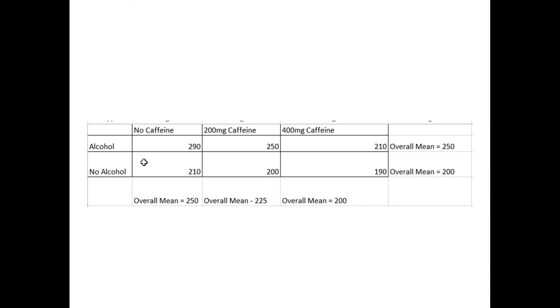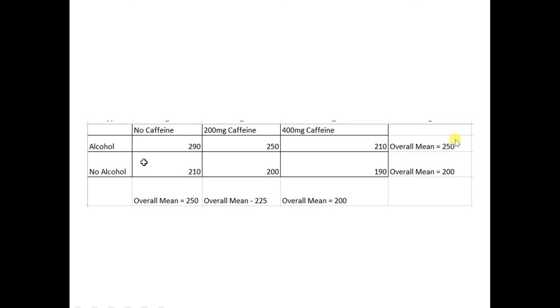Now, we can do the same thing in the alcohol conditions. We can look at the effect of alcohol regardless of caffeine, and we can look at the effect of no alcohol regardless of caffeine. So if we summed across these conditions and divided by 3, we'd get an overall mean of 250. If we summed across the no alcohol conditions and divided by 3, we get an overall mean of 200.